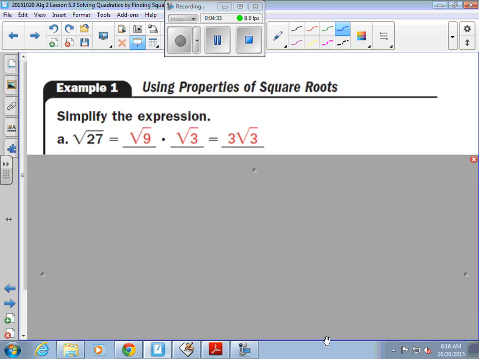Let's look at an example like that. It says simplify the expression. The square root of 27, that's a coincidence that I said that a minute ago, is equal to the square root of 9 times the square root of 3. Now somebody might be thinking to themselves, why the square root of 9? Why did we use that number to separate it?